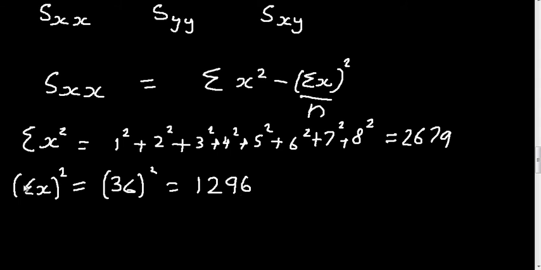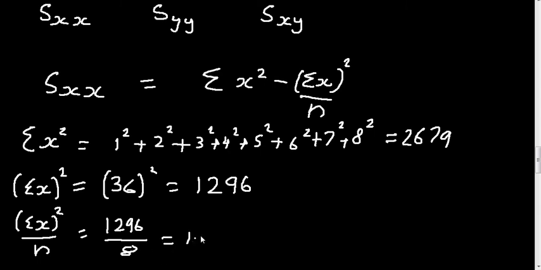Then I need to divide this by the number of terms I have, where n stands for the number of terms. So that's 1296 divided by 8 terms, which is equal to 162.